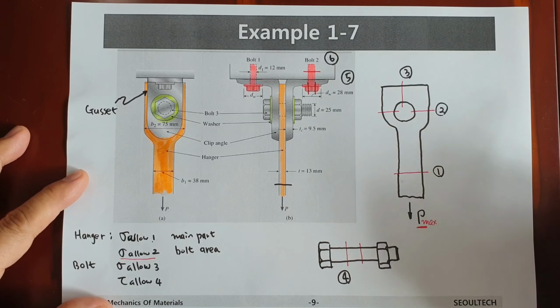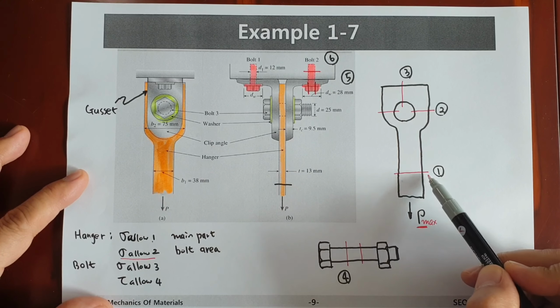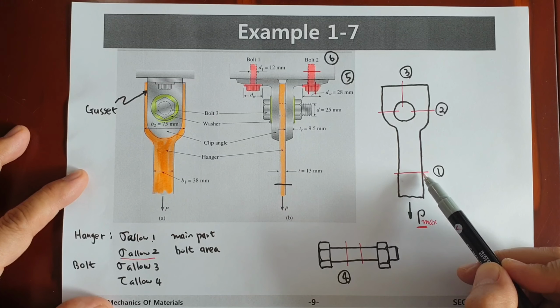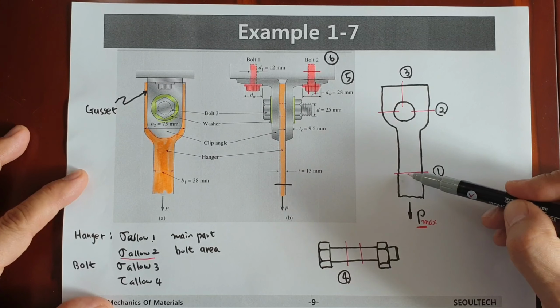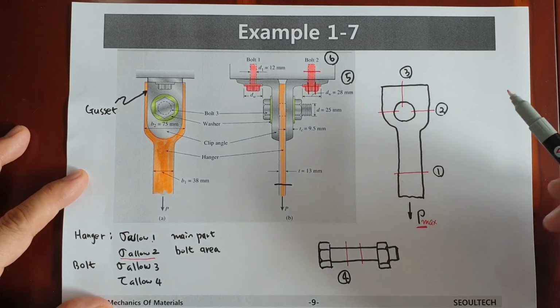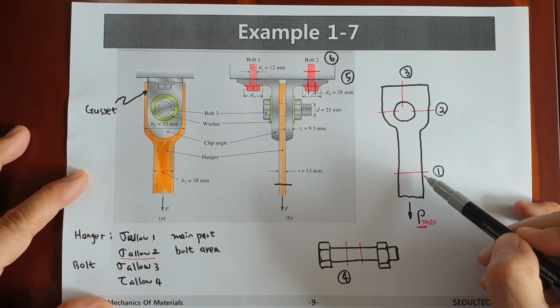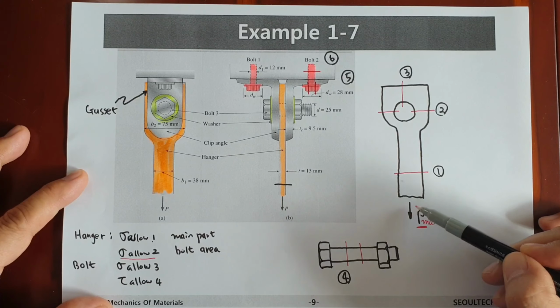At first, when you think about the gusset, let's think about here. And at this point, tension is acting on this surface. Then when we think about just the maximum allowable stress, we can find some value, the allowable force.